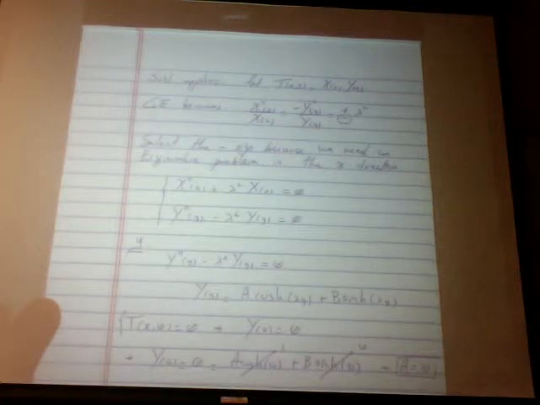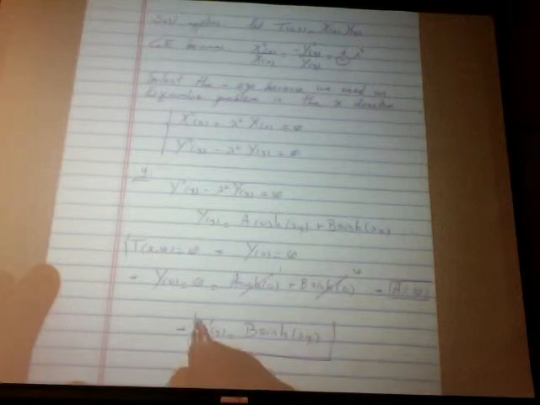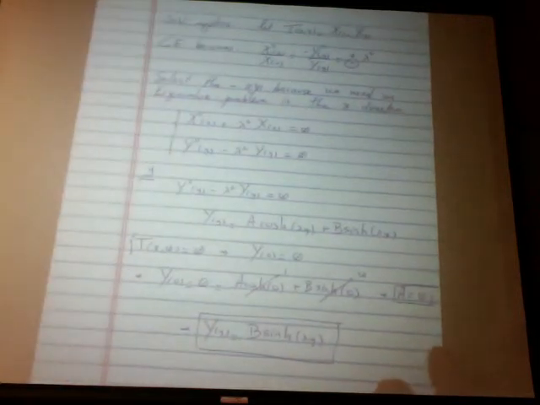And therefore, the solution in the y direction is simply B times the sinh of lambda y. Where before we had sines in the x direction, now we have sine hyperbolic in the y direction.